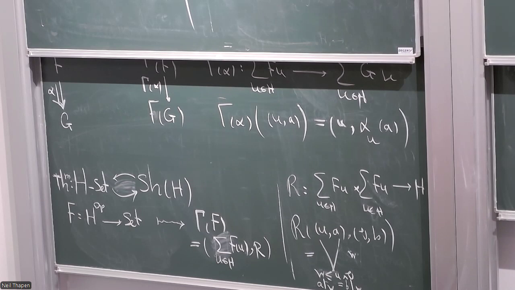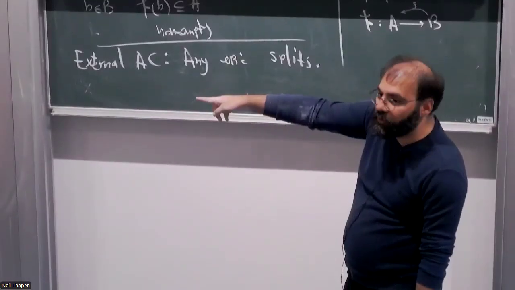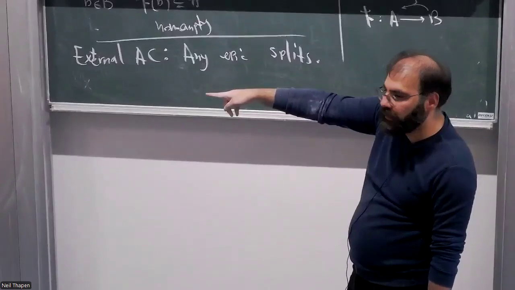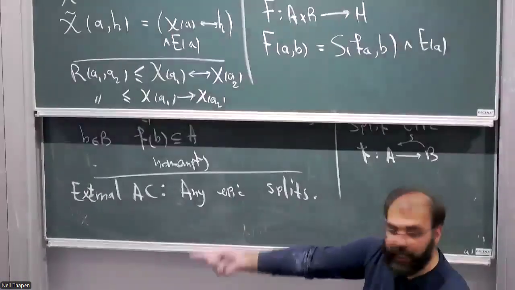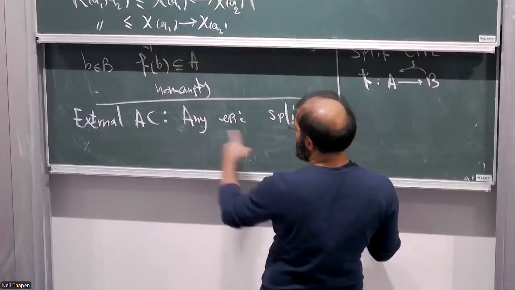So what we had so far were Grothendieck toposes, and also another representation for some Grothendieck toposes of sheaves, as H sets. There's a very beautiful characterization of these.